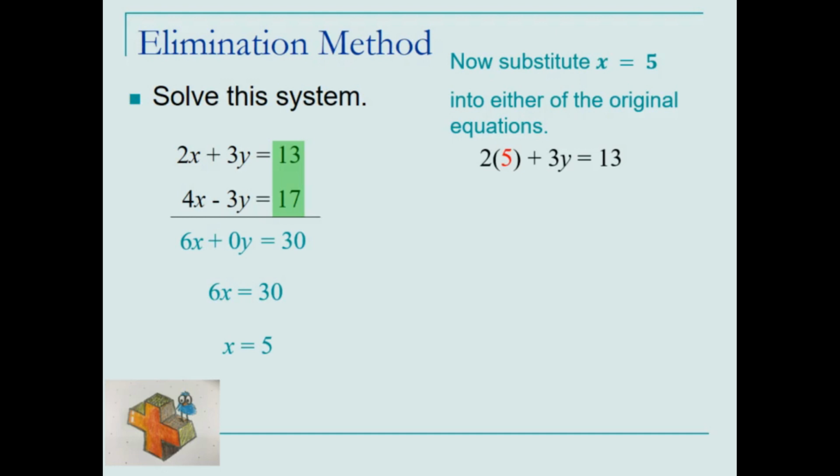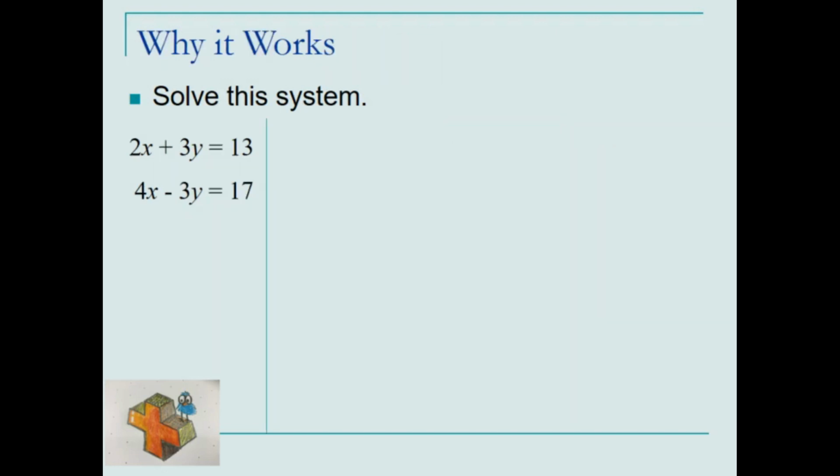We now can solve for the corresponding y value by simplifying the multiplication, subtracting 10 from each side, and to get y by itself, we'll divide both sides by 3. We now have our ordered pair and the point that is a solution to both of the equations at the same time. So again, here's how this works.